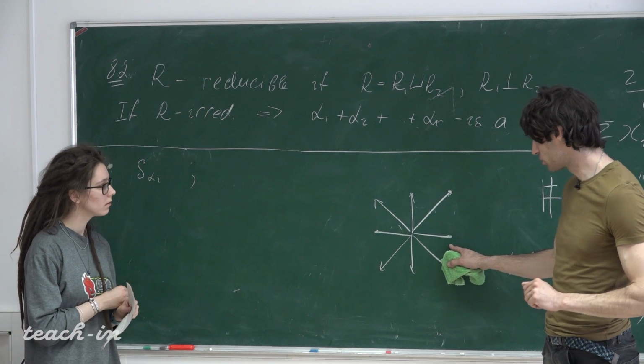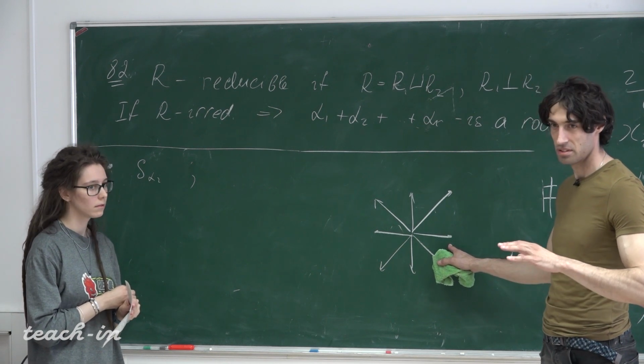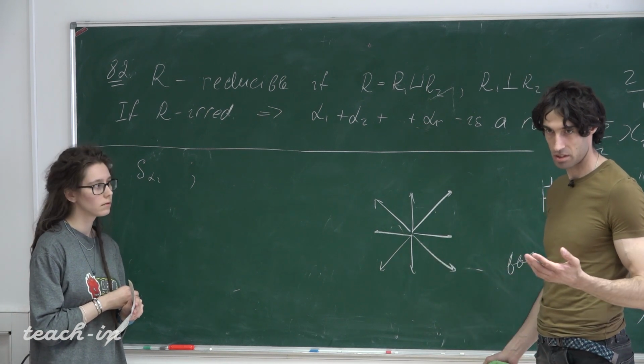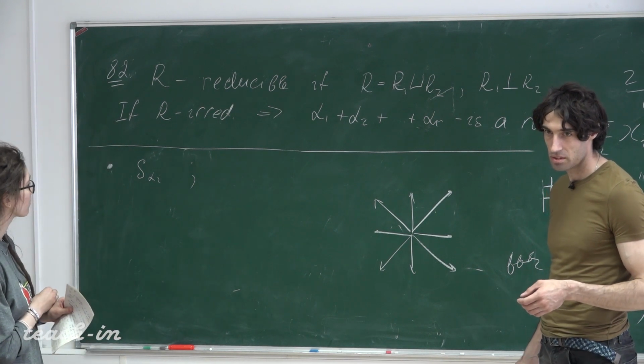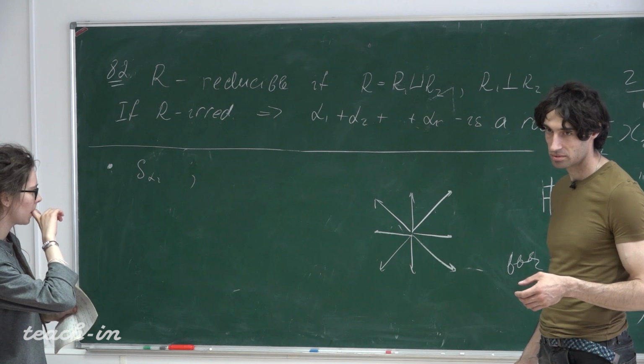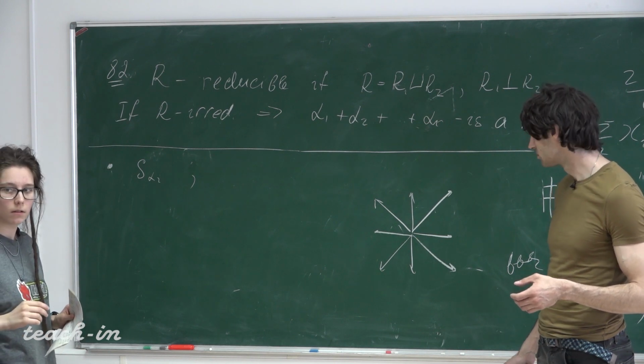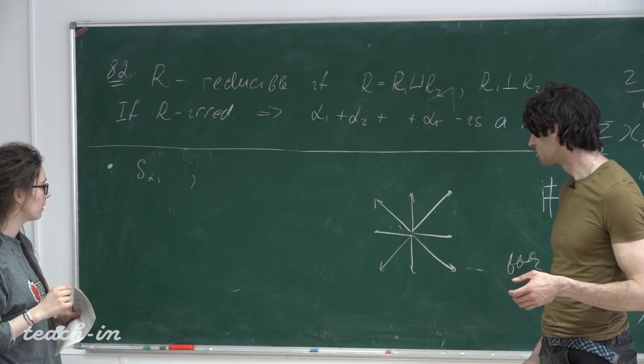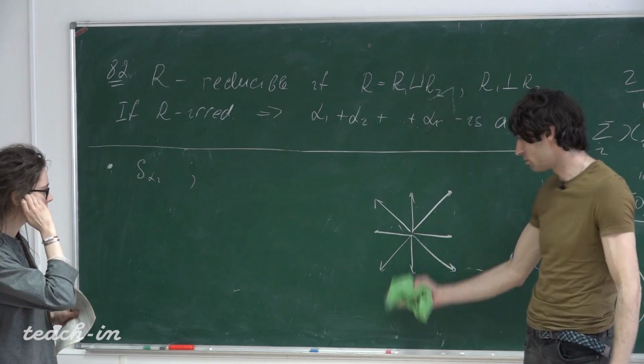Is this one reducible or irreducible? This one is irreducible. If it's irreducible, then the bases of different sizes, are they orthogonal? No, they are not orthogonal. It's all in the same plane.